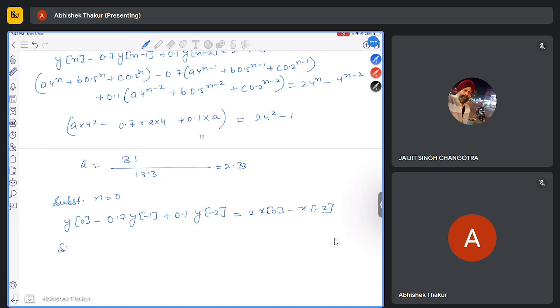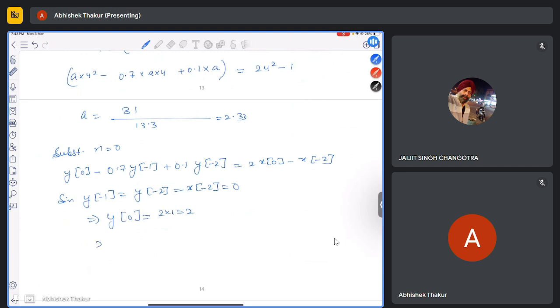So since y of minus 1 and y of minus 2 are given in the question as 0, it implies that y of 0 is equal to 2 into x of 0. So that is 2 into 1, that is equal to 2. So now the value of a plus b plus c is equal to 2.